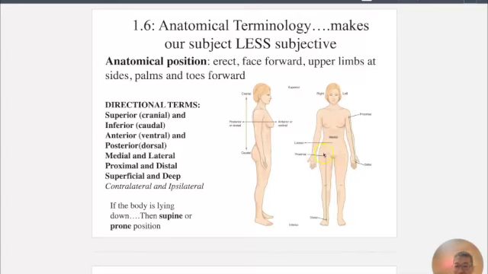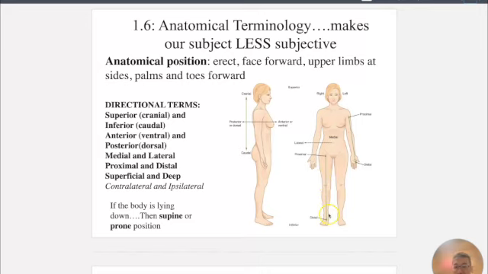The hip joint is proximal to the kneecap, but the kneecap is distal to the hip joint. So one more time. Here's the ankle, here's the knee.